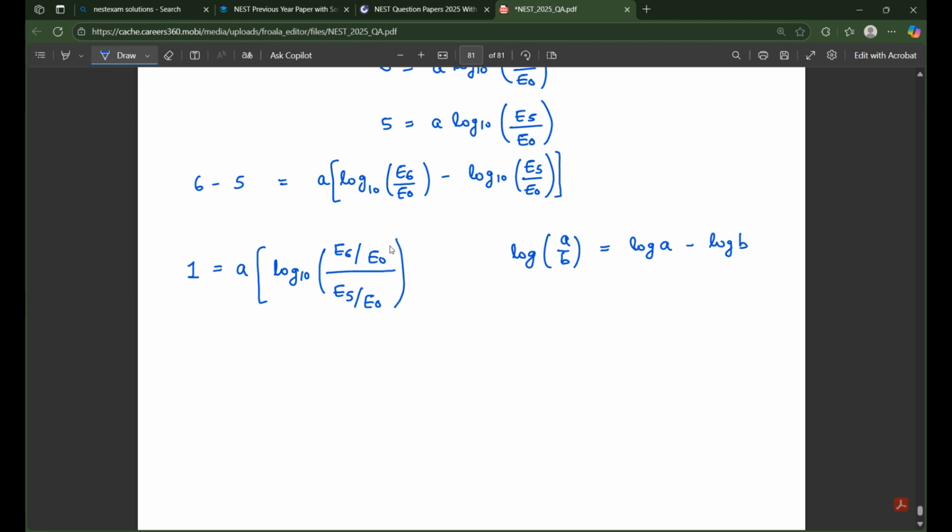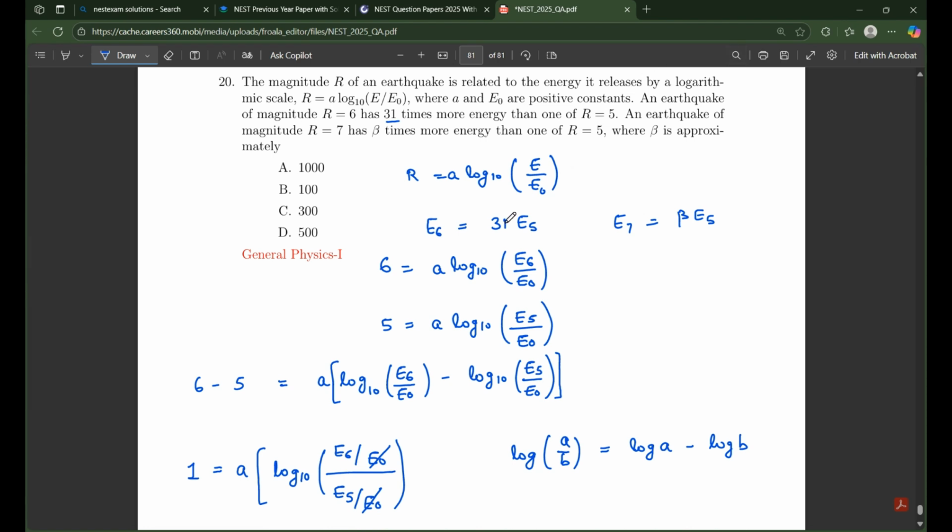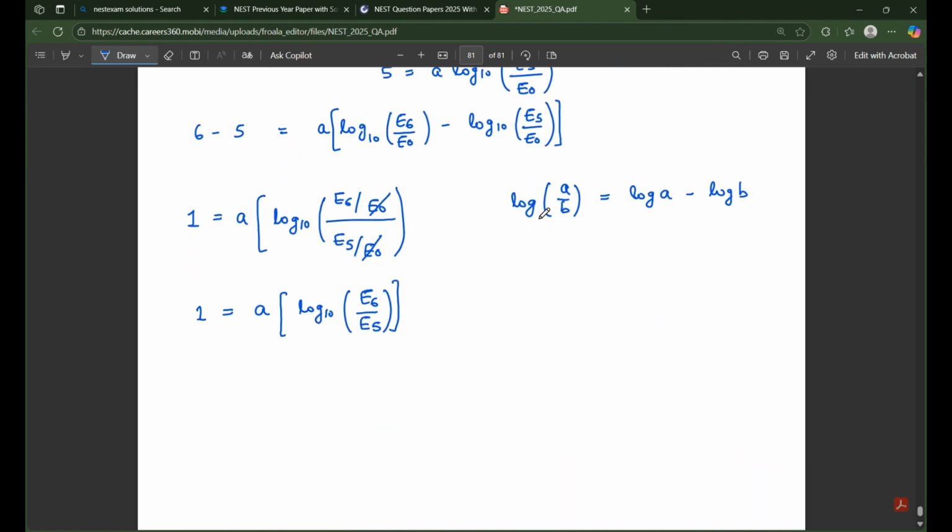Now E naught gets cancelled, and we get the final equation as 1 is equal to A log 10 E6 by E5, and we know that E6 by E5 is 31.